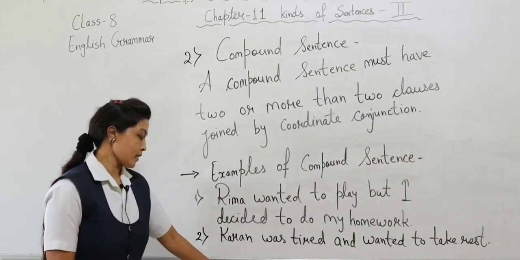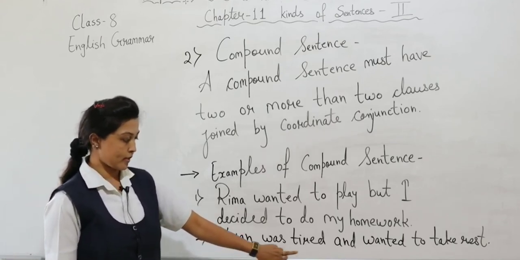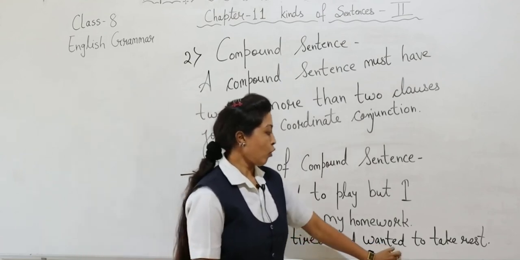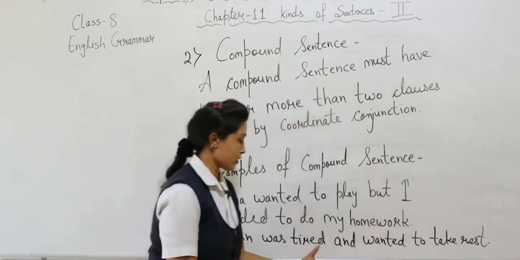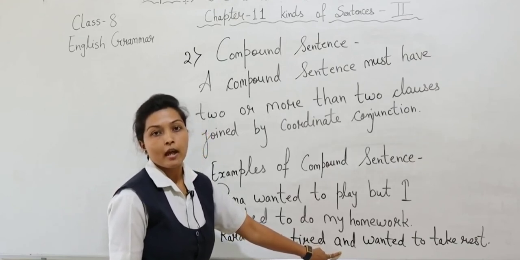So in this sentence again we find two different clauses. Karan was tired, wanted to take rest, and these two parts are joined by coordinate conjunction and.